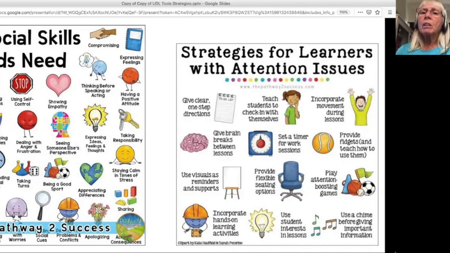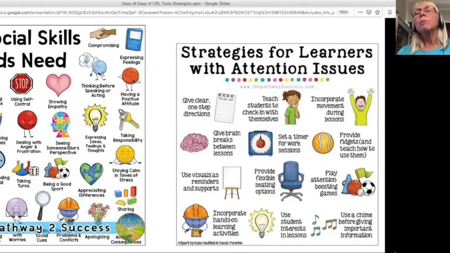And that middle one on the left side, seeing someone else's perspective, is really key. No matter who's in the classroom, if you can at least see the other person's viewpoint, you don't have to agree with it, but at least look at it. That's a really important milestone for everyone, adults and students. So I am hoping that maybe we could work on some of these social skills as we build the learning environment within the classroom.